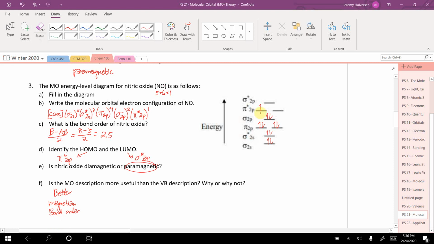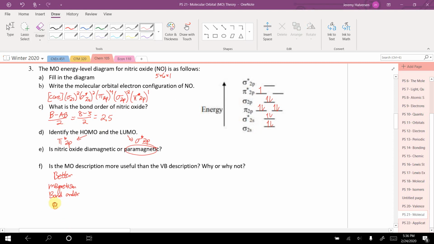These orbitals are written in order of energy levels, so the higher is higher energy. Where is it worse? It doesn't show us anything about shape or polarity. But I don't know that you could say one's better or one's worse. One's better at something and also worse at other things.